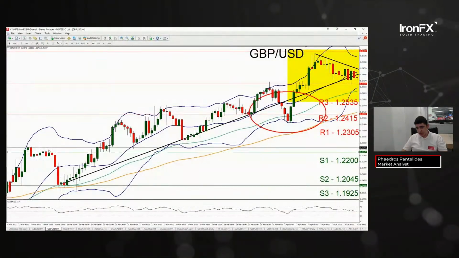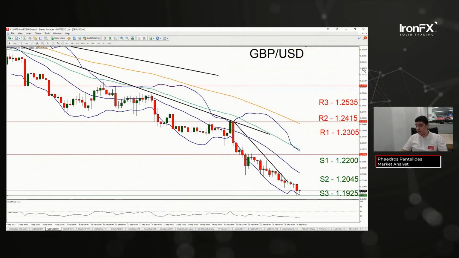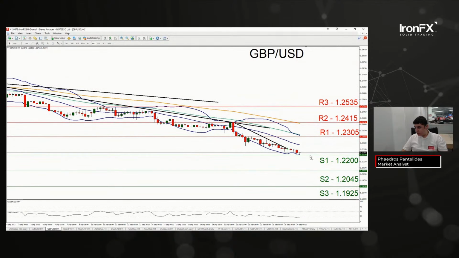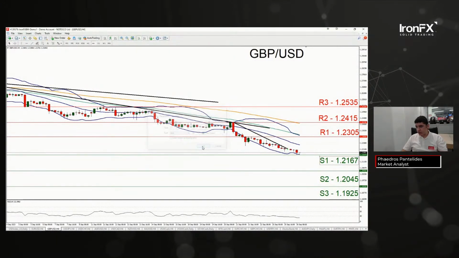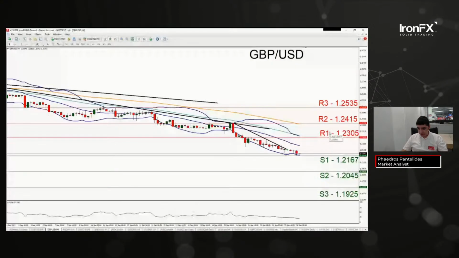And then we can see that there was heavy resistance at this point in time before it moved lower. And it's currently aiming to test this current support level. So for a bearish outlook, it would need to break below S1 and S2, not simply below S1. For a bullish outlook, simply breaking above R1 and then moving perhaps towards R2.